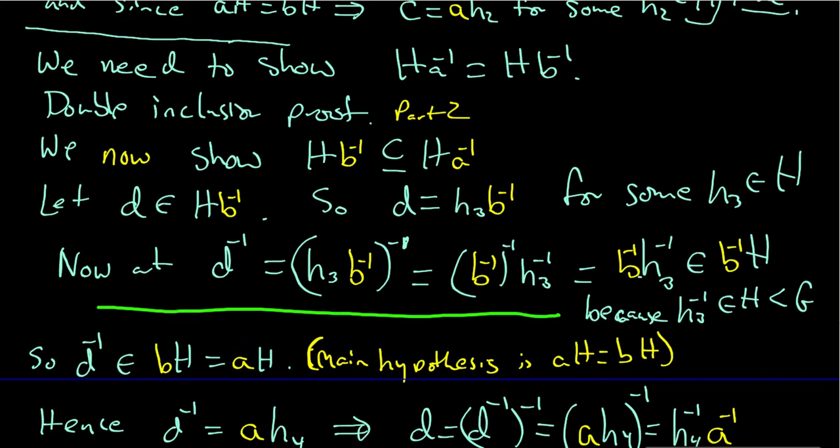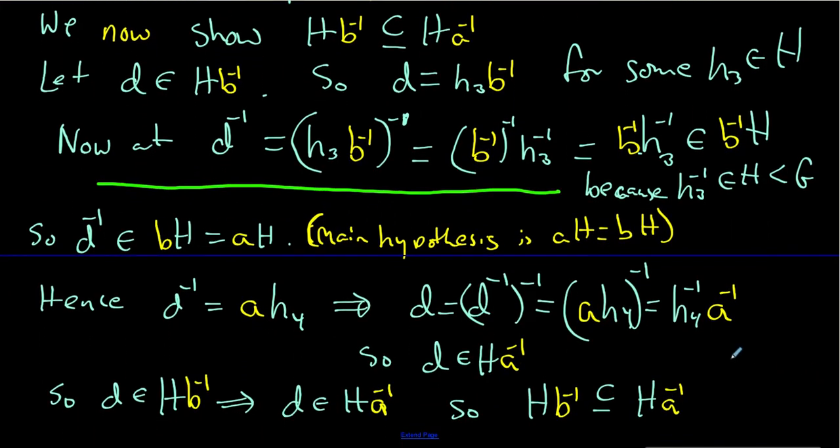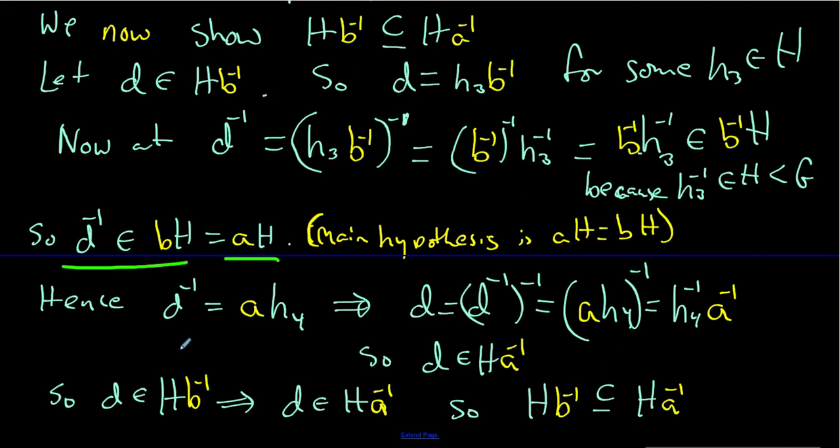And we wind up showing that D inverse lives in B times H, which is equal to A times H. And hence we have D inverse is equal to A times something in H. And when we look at D as D inverse's inverse, we find out that D itself lands in H times A inverse.